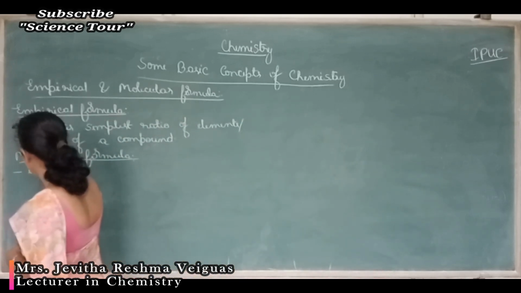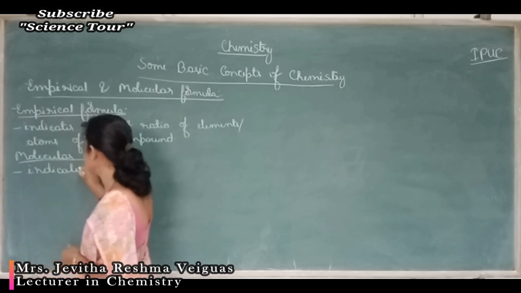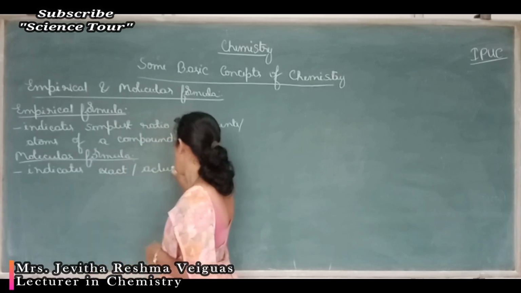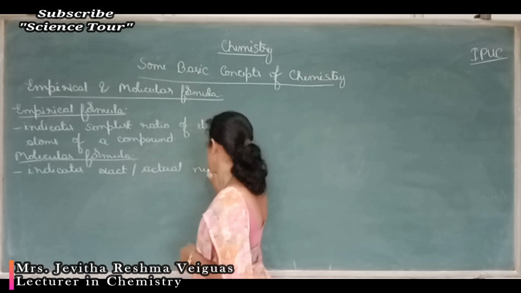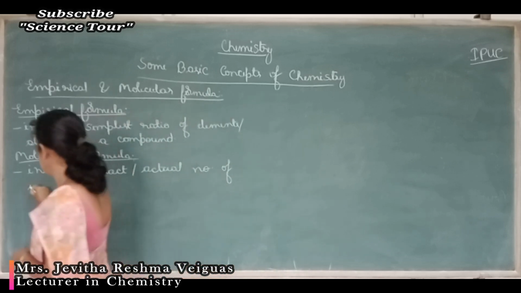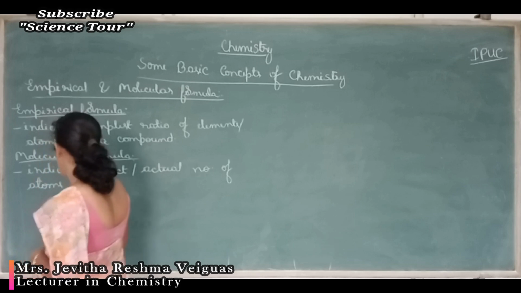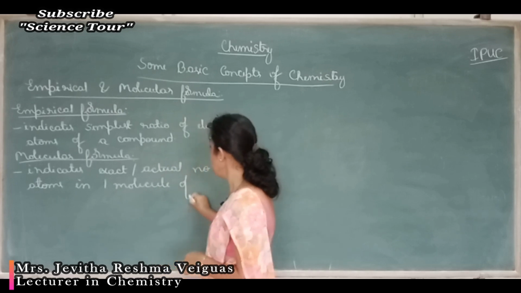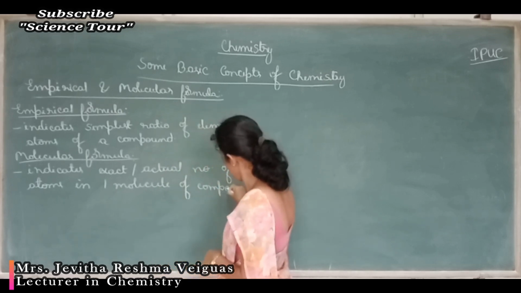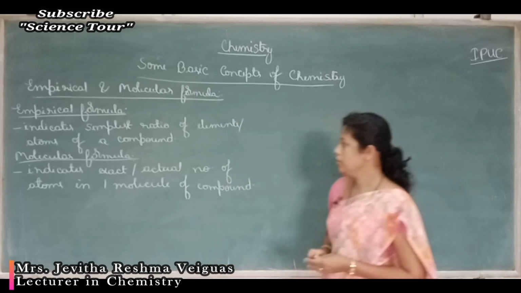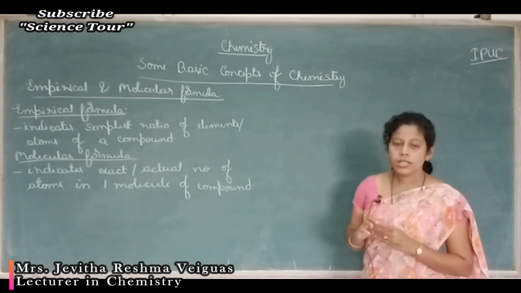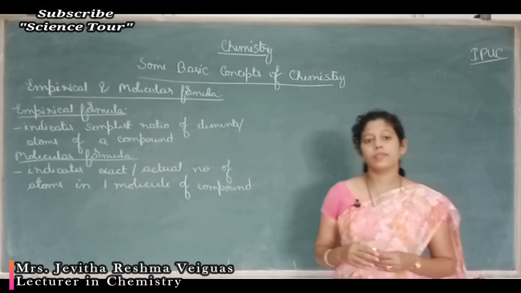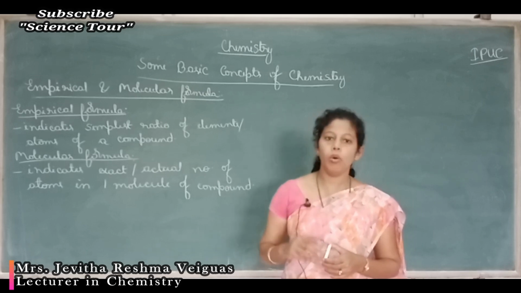So, molecular formula indicates the exact number, or actual number, of atoms in one molecule of the compound. Empirical formula indicates the simplest ratio of atoms in a given compound, whereas molecular formula indicates the actual number of atoms in one molecule of the compound.